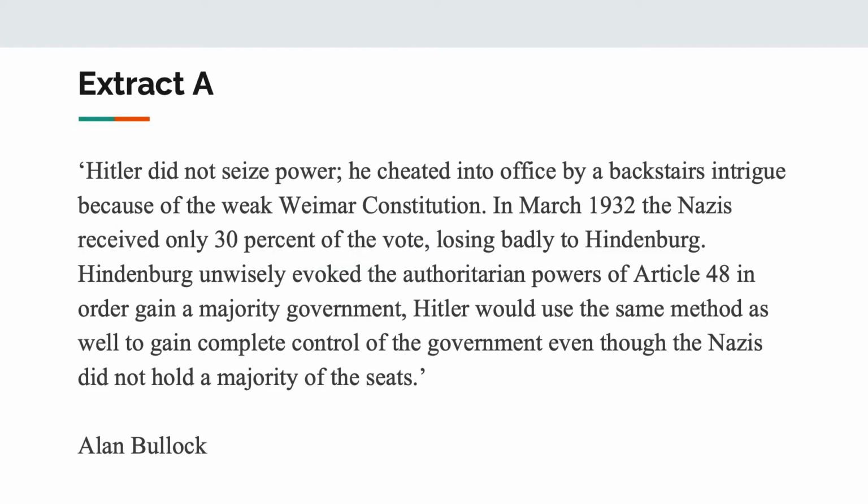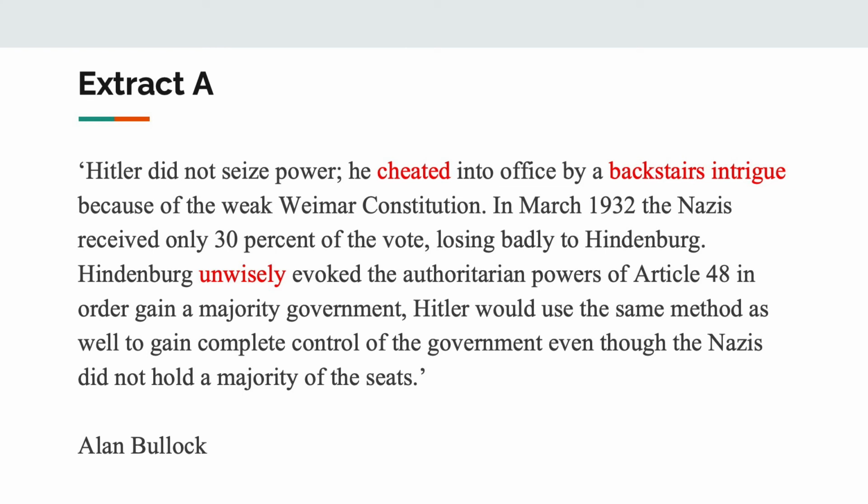Now, I was able to find this particular extract, which I think is good, and it does relate to the Germany topic for paper number 1. But keep in mind that all of the different sections of paper number 1 for the depth studies, the question will be phrased in exactly the same way. In this particular example, one of the things which I like to talk about is what is often described as emotional words, or words that pop out.